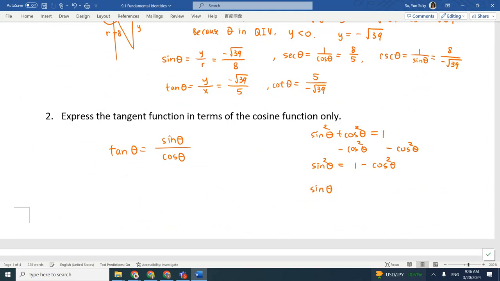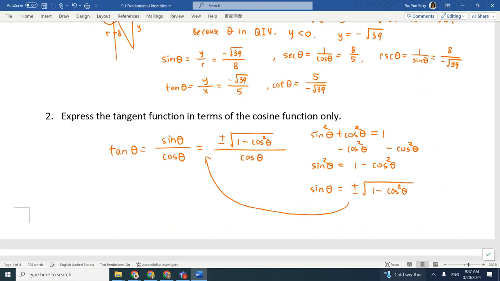Square roots. But when you take square root, you get plus or minus. Every time you take square root on both sides, you get plus or minus. Therefore, the answer is plus or minus square root of 1 minus cosine square over cosine theta. Is that okay, everybody? Now we express everything in terms of cosine.